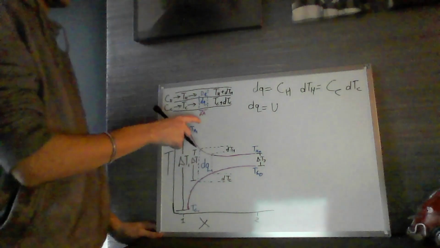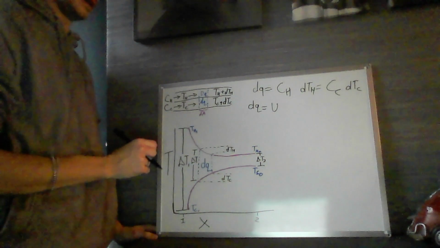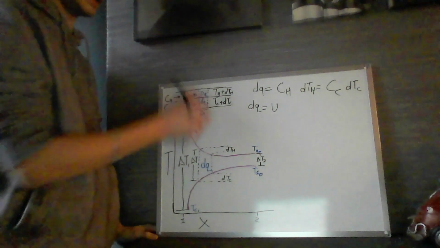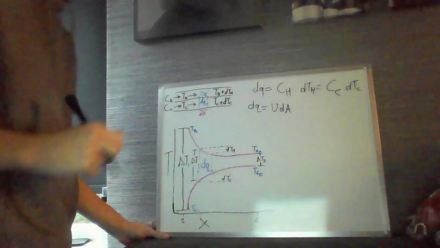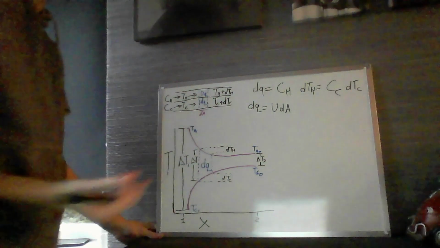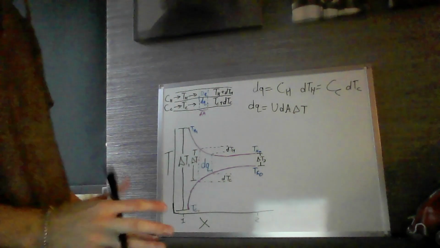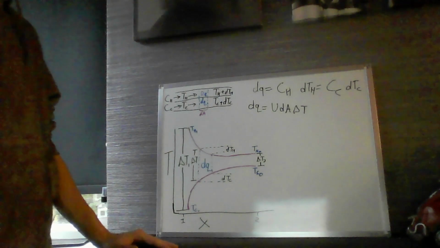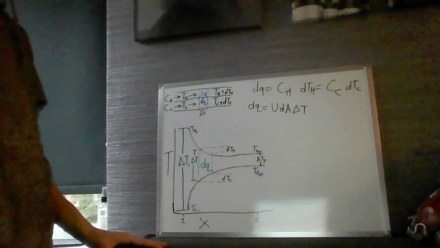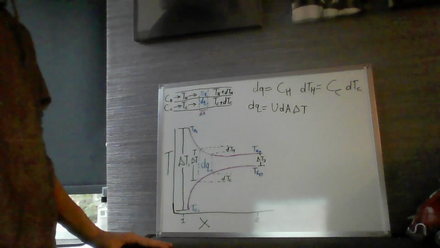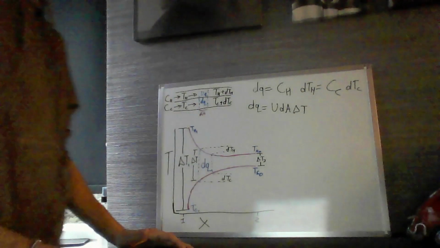So we have U multiplied by the differential area, dA, over which the heat transfer occurs, and then finally multiplied by the change in temperature, delta T. All right. And then from here, we can start plugging these different equations in, so we can get all four of them into a single expression.